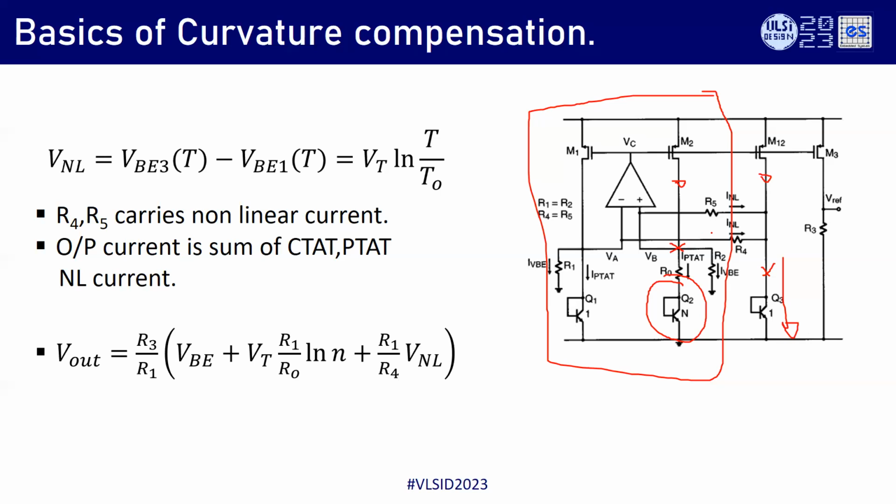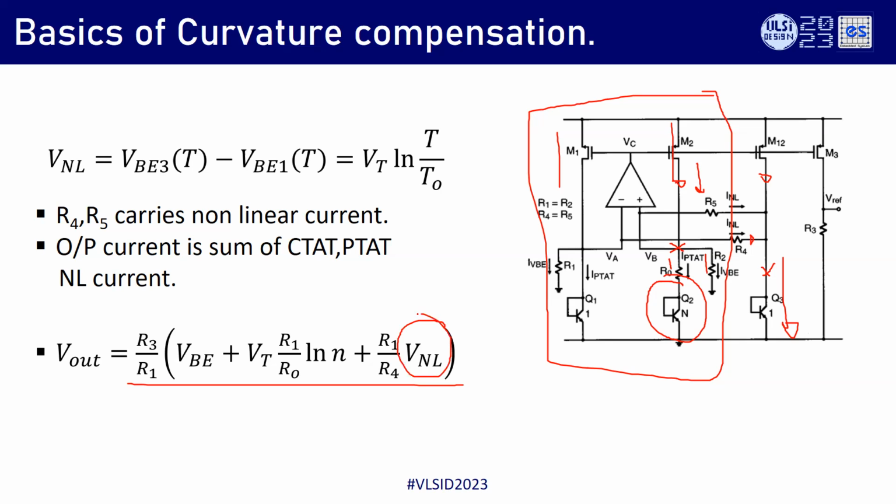So why can't we use a resistor so that this will draw the current? Since the op amp is a balanced circuit, we have to use two resistors so that the current through M2 and the current through M1 have, apart from PTAT, the CTAT current and the nonlinear current. So a total of 3 will flow, and that will be like this.